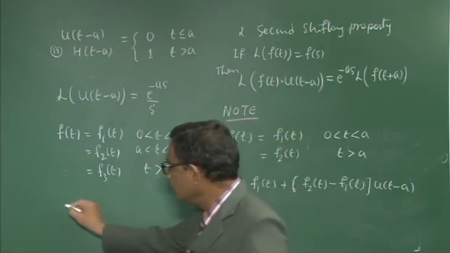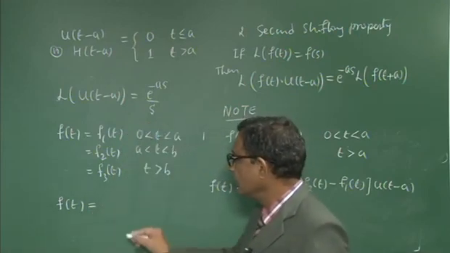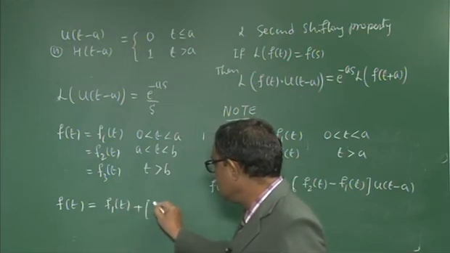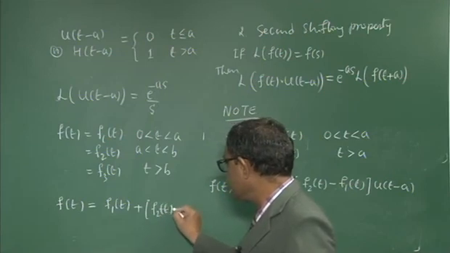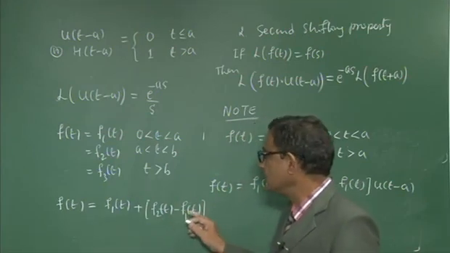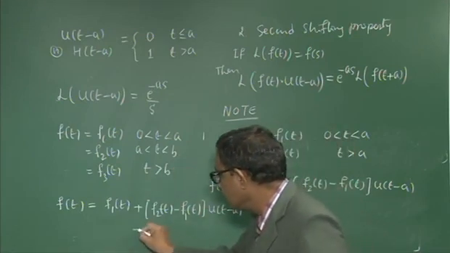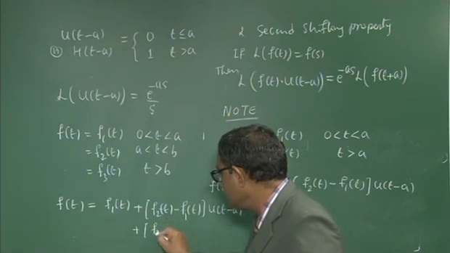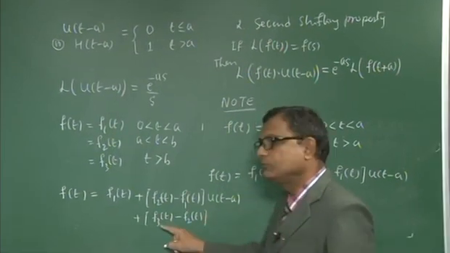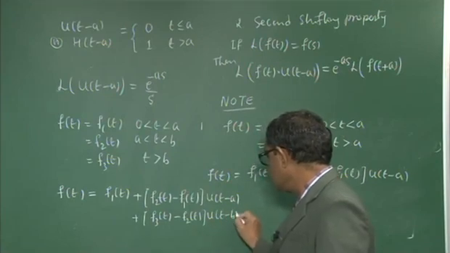How are you going to write this one in terms of unit step function? f of t equal to f1 t plus the difference of the second function and first function, f2 t minus f1 t into u of t minus a, plus again the difference between the third and second function, f3 t minus f2 t into u of t minus b.